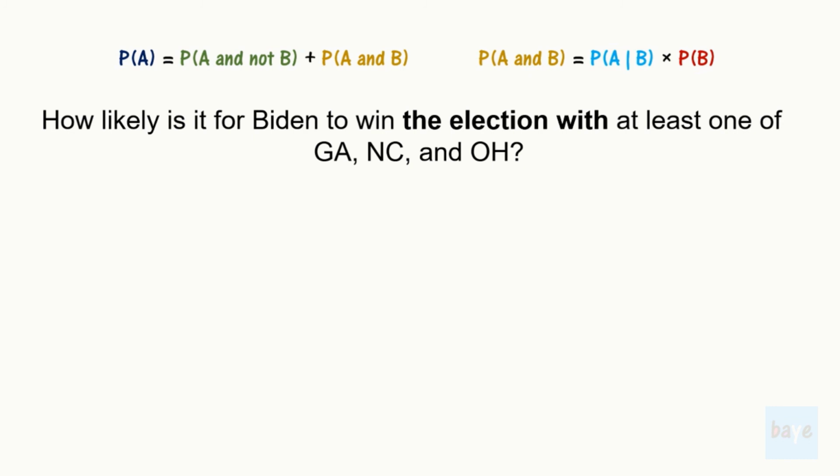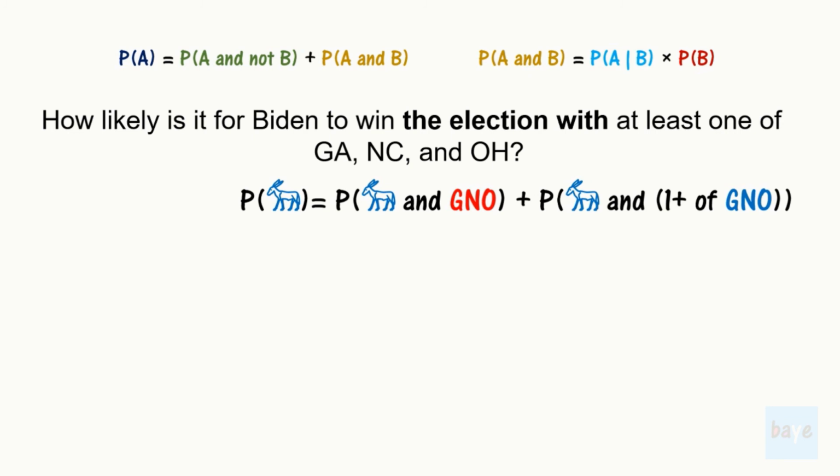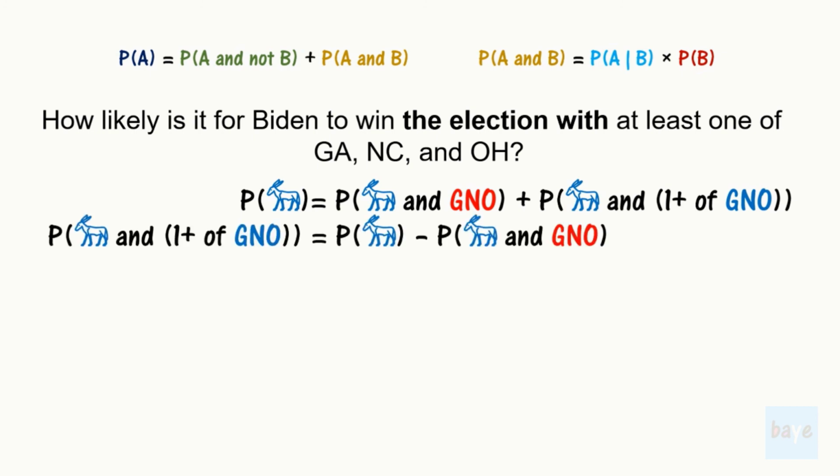We can apply Formula 1 again, and we see that Biden can win either without or with at least one of these 3 states, which will simplify as G and O. We can rearrange. We can use equation 2 to convert this into conditional probability. And we already know the probability of Trump winning all 3 states from the previous question, which was 0.26.